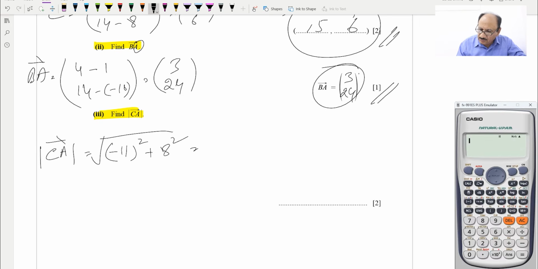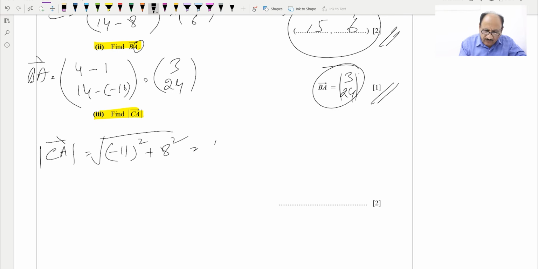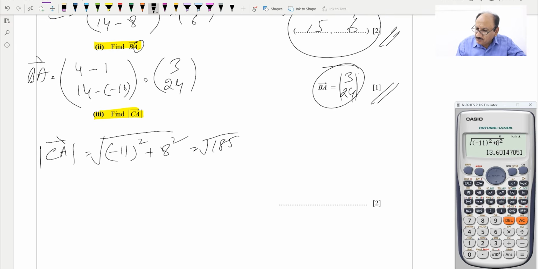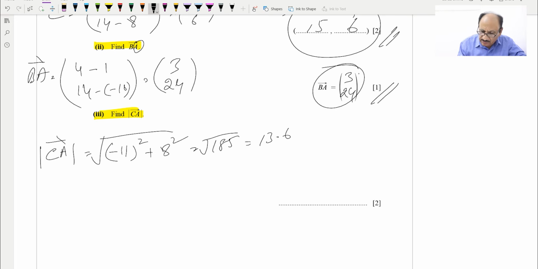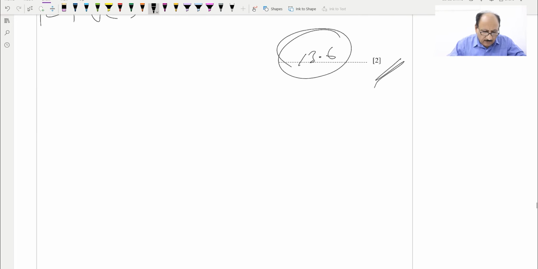So this will be the mod of minus 11 square plus 8 square, and this is giving us root 185, whose decimal value will be 13.6. So this is equal to 13.6. 13.6 will be the answer for 2 marks.